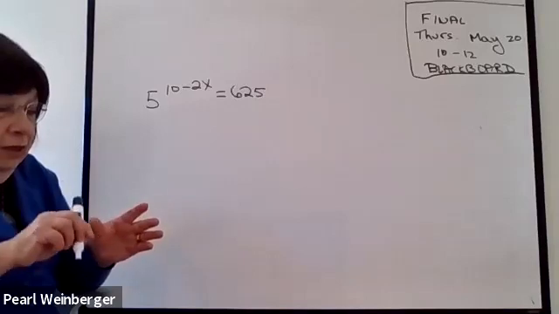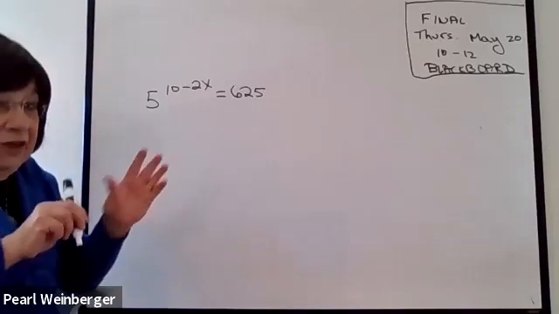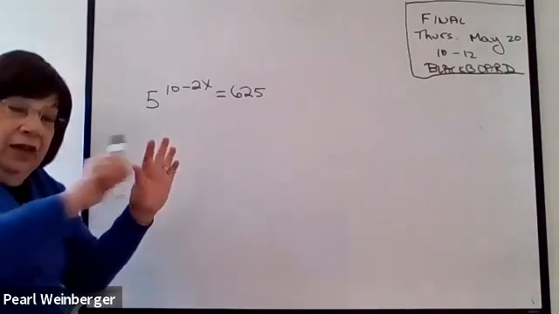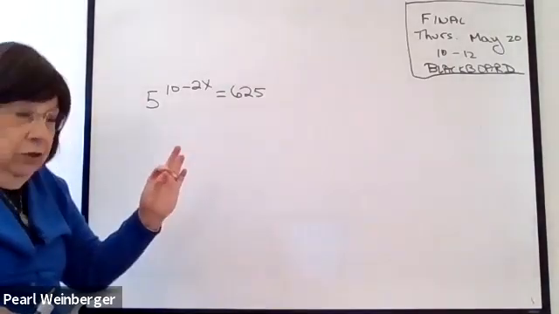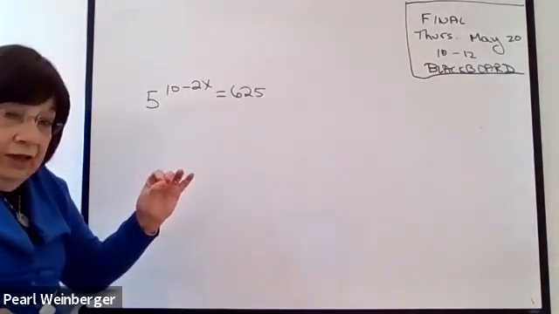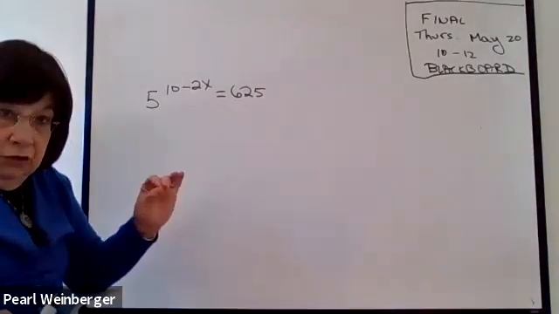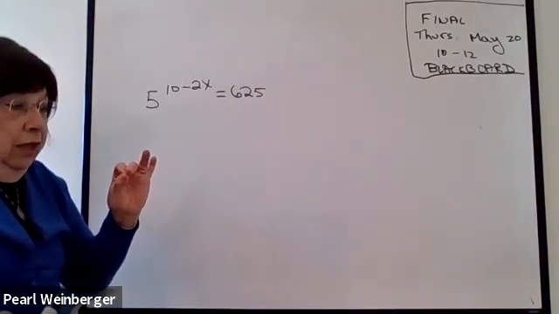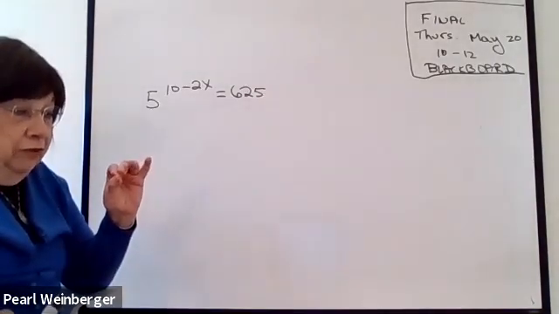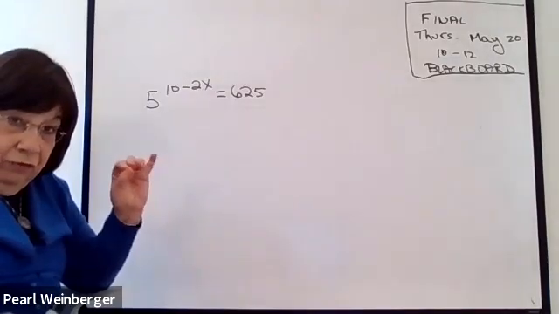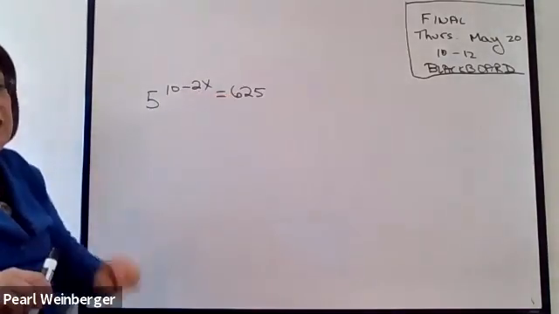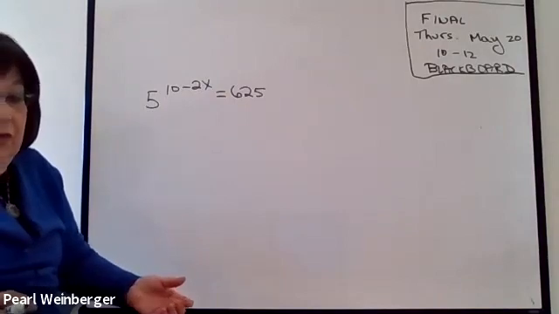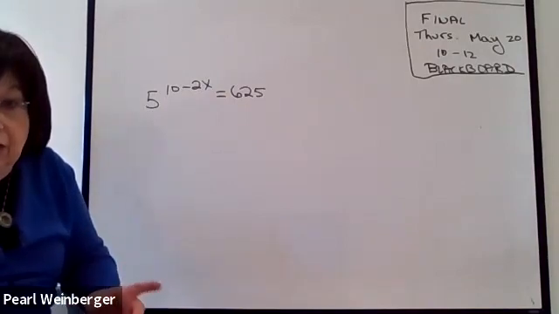So let's see. Here are my fingers again. 5 times 5 gives me 25. 25 times 5 gives me 125. And 125 times 5, we're now up to the 4th time. That's when I get to the 625. You can try this again on your calculator.